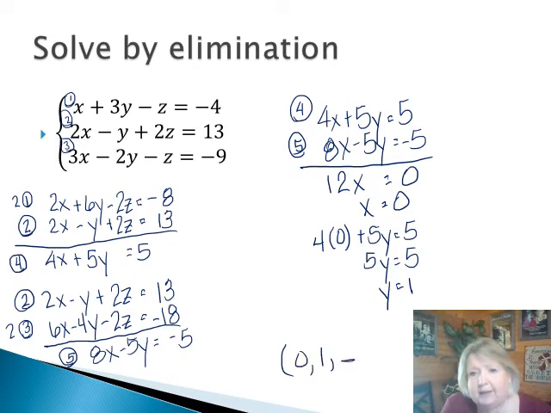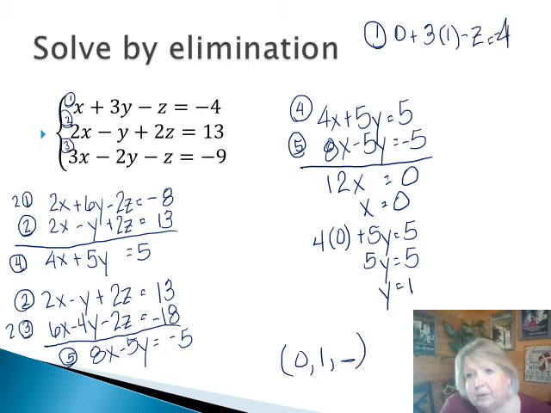In order to find the z, I'm going to go back up to equation number 1. And I'm going to say x is 0, y is 1, minus z equals -4. 0 plus anything is just that thing, so I'm forgetting the 0. 3 times 1 is 3. 3 minus what number is -4?